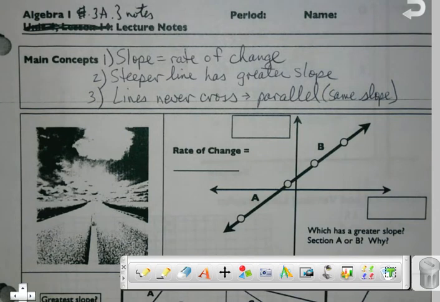So when I start to look at this, again, my rate of change just depends on how far I go up and over. Now, this is kind of a trick question. I'm going to admit it.